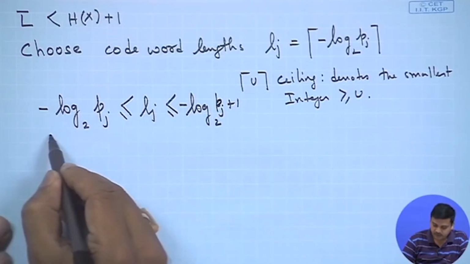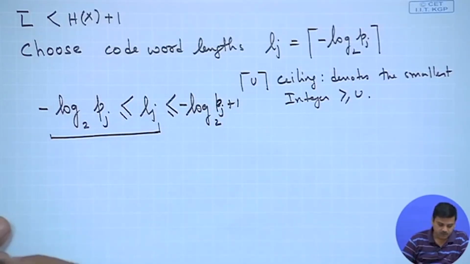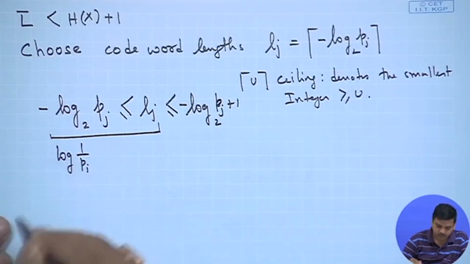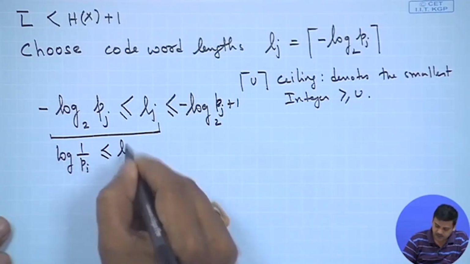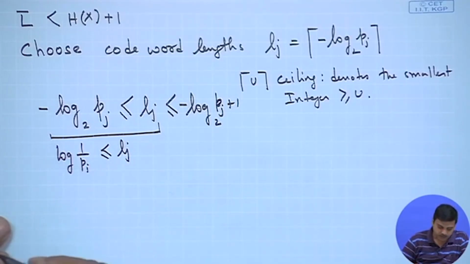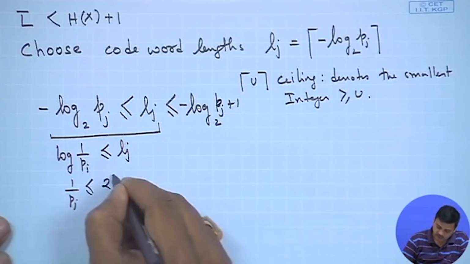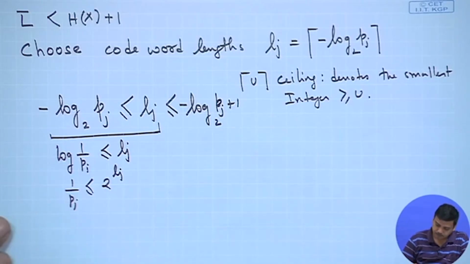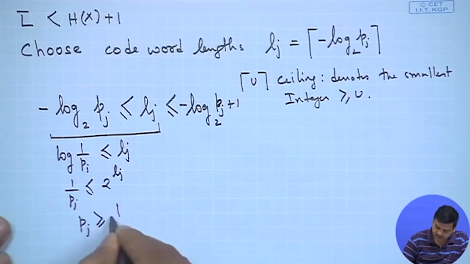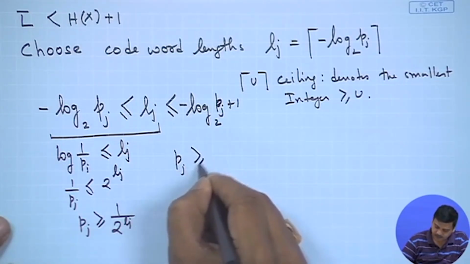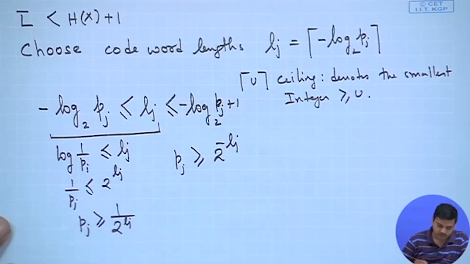So, when we look at this particular part of the inequality, we can write that log of 1 by p j is less than or equal to L j, and therefore, we can say that 1 upon p j is less than or equal to 2 to the power of L j, or in other words, p j is greater than or equal to 1 upon 2 to the power of L j, or p j is greater than or equal to 2 to the power of minus L j.